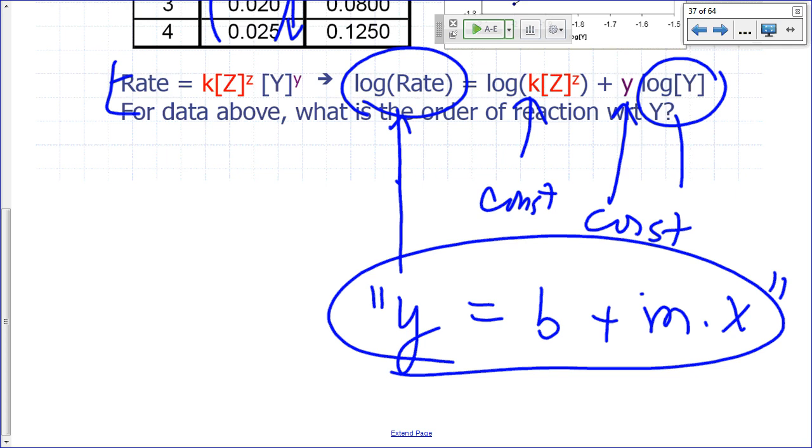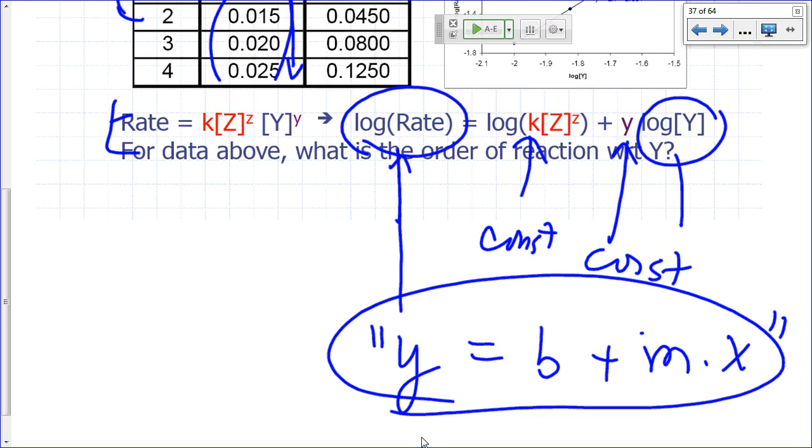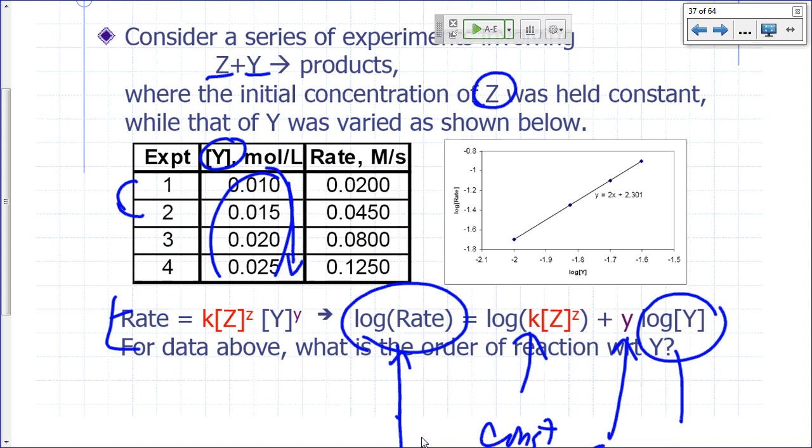All right, so if you were going to plot log of rate versus log of y, this is what you'll get. From this data that I'm showing you here, if I plot log of rate versus log of y, you'll notice your data points are going to fall in a straight line. Of course, if you were doing this experimentally, using real experimental data, there will be some scatter in your points. So what you do is you draw your best fit line. In this particular example, I just made up these numbers.